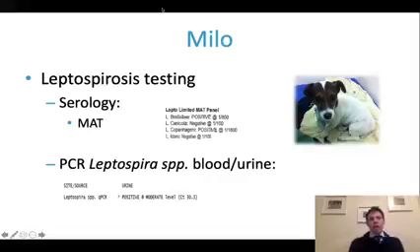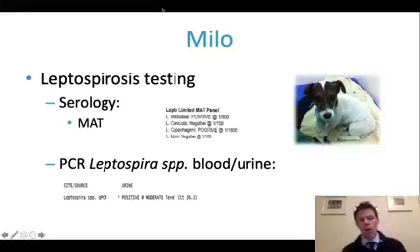So back to Milo, he underwent testing for leptospirosis given the clinical suspicion, and this can be done in a number of ways. In the first 10 days of infection, leptospira can be identified by PCR in either blood or urine, and it was found at a moderate level in his urine sample. And you can also use serology. It takes a while, up to 10 days, to start generating that serological response.